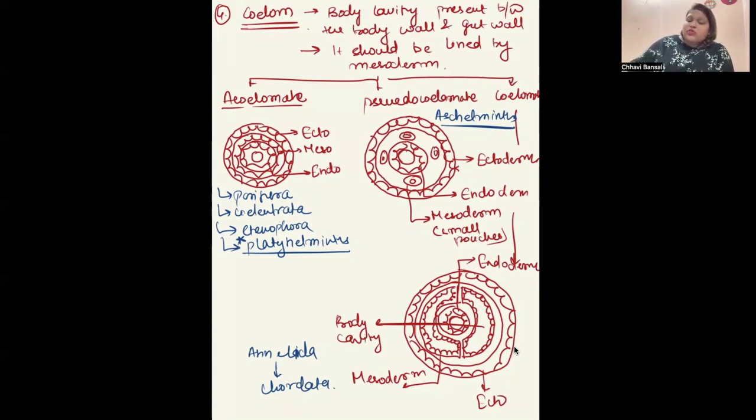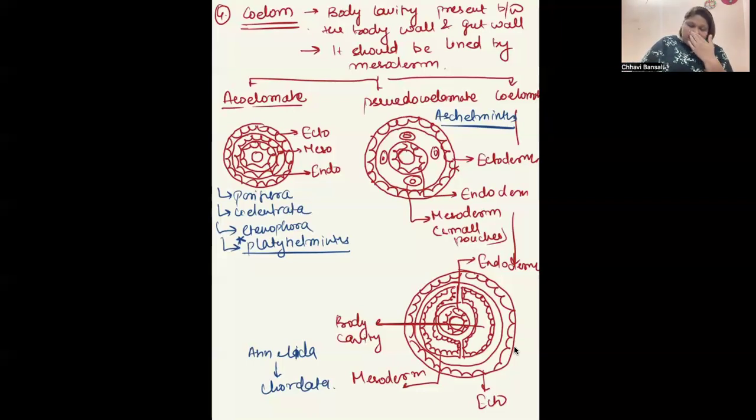In pseudocoelomate, the coelom is present, but it is not lined by the mesoderm. Instead, mesoderm is present in small pouches. The only phylum that has pseudocoelom is Aschelminthes, and the only phylum which is acoelomate and triploblastic is Platyhelminthes. Other than that, from Annelida to Chordata, we have coelomates. Clear? Any doubts so far?